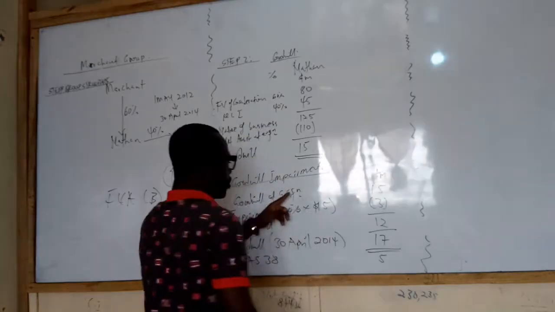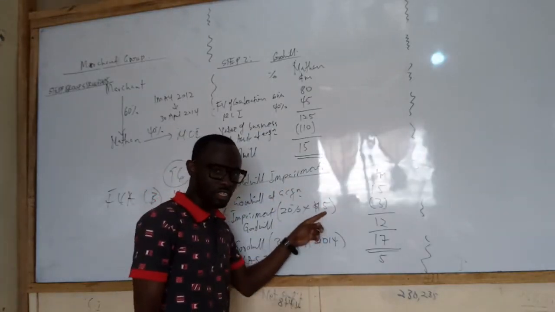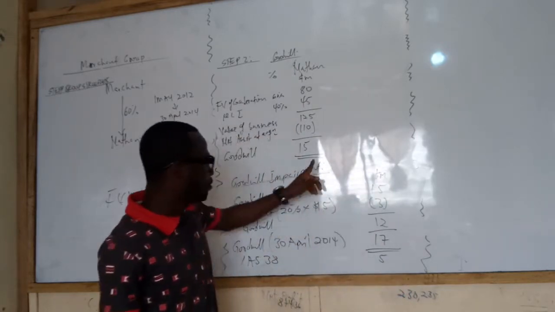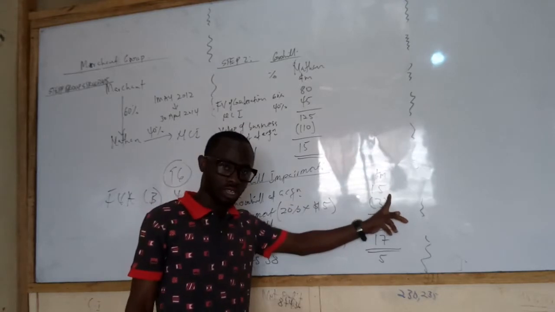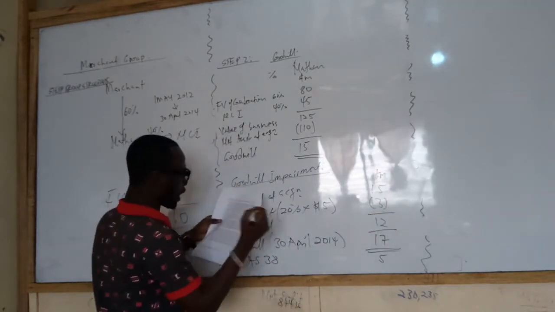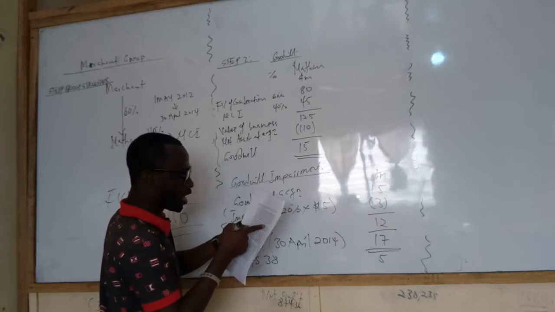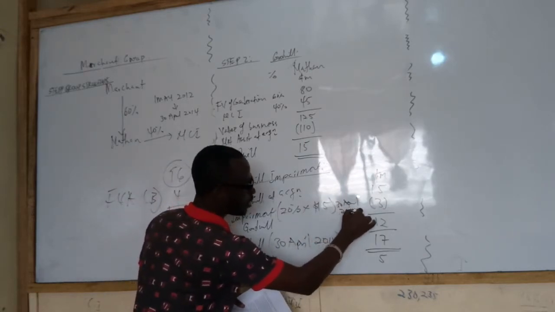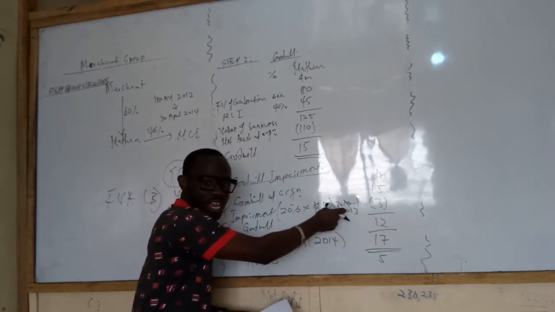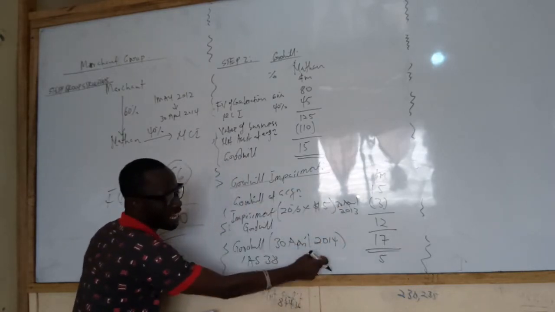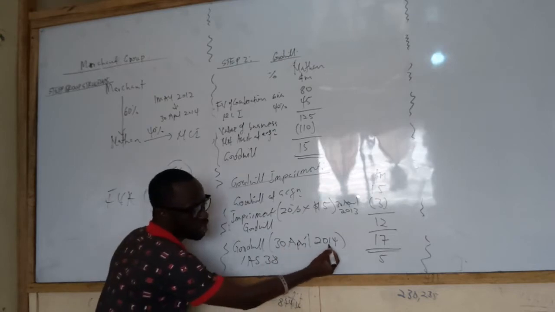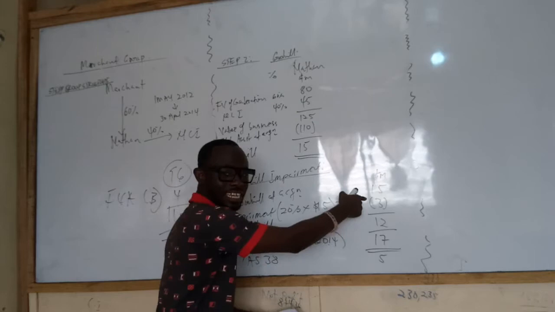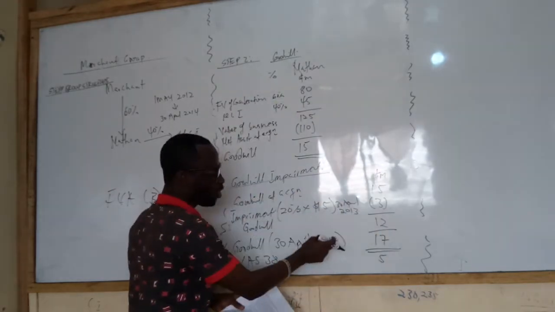Impairment of goodwill will come after acquisition. So at acquisition, goodwill is 15 million. This impairment occurred when? Look at the dates there. 30th April 2013, that is 1 year after the acquisition. So in the second year of acquisition, which is the 30th of April 2014, they said they are reversing this, and now they are increasing the goodwill to 17.